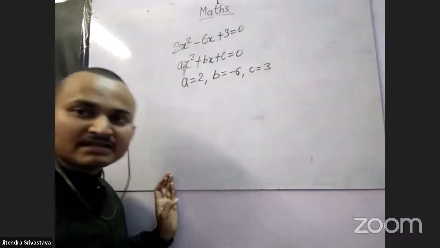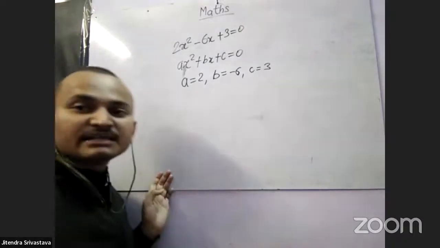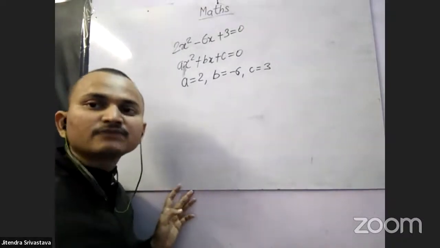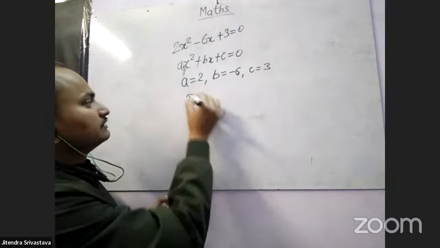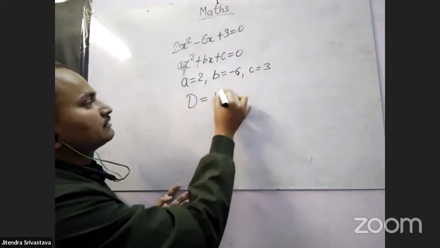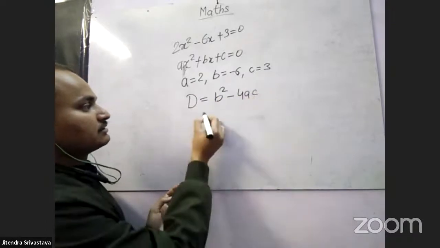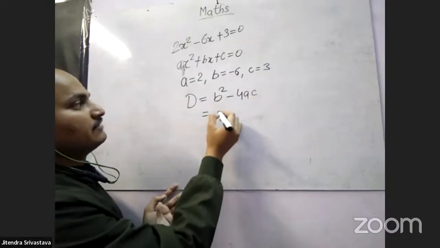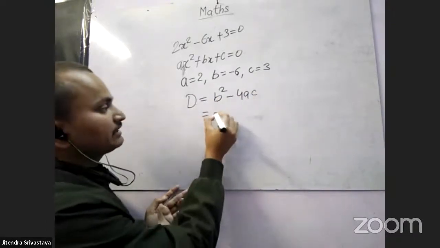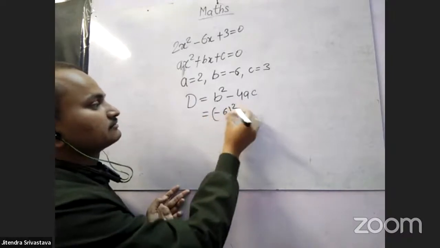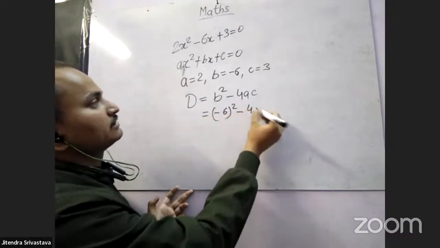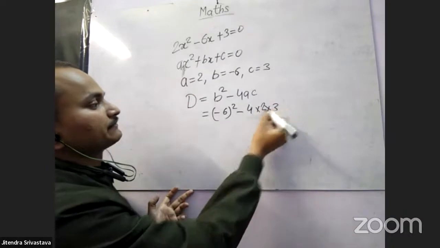Now, what will we do next? We have to find the discriminant by using b square minus 4ac. So the value of b is minus 6. Put that minus 6 here, minus 4 into 2 into 3.